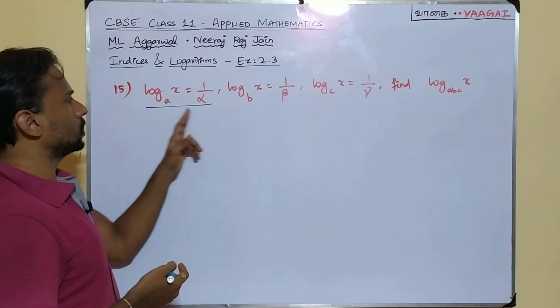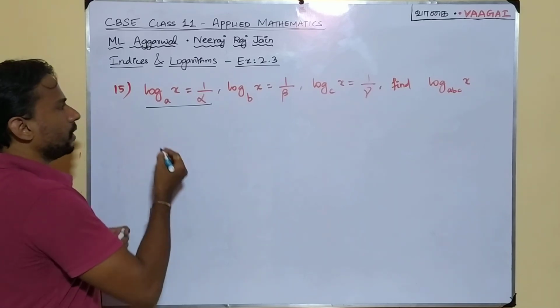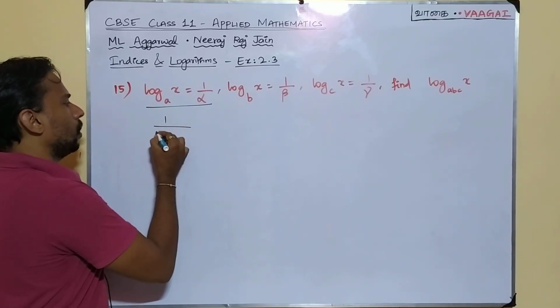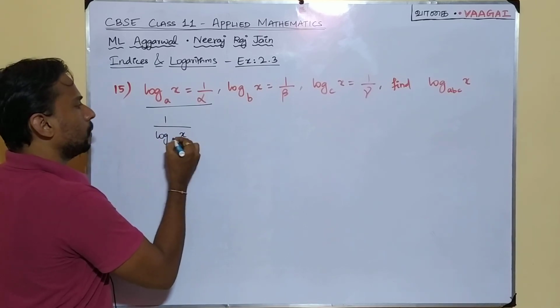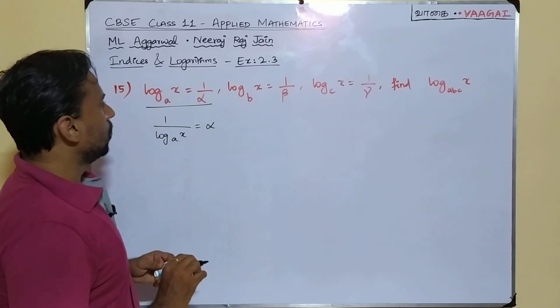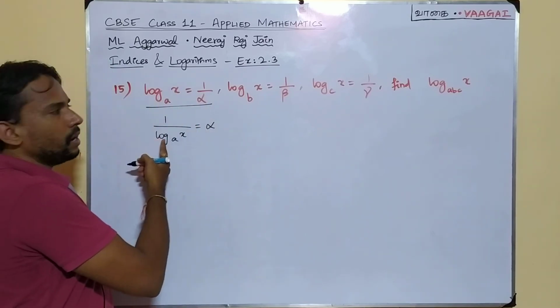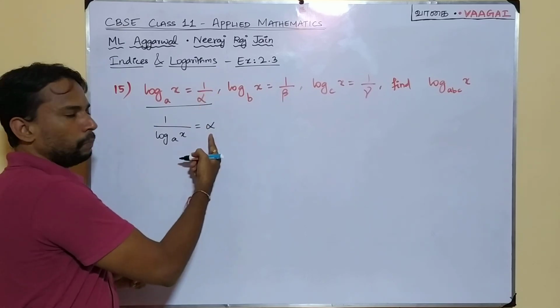So we will get 1 by log of x to the base A is equal to alpha. Because if we take reciprocal on both the sides, this side will become 1 by log, and 1 by alpha will simply become alpha.